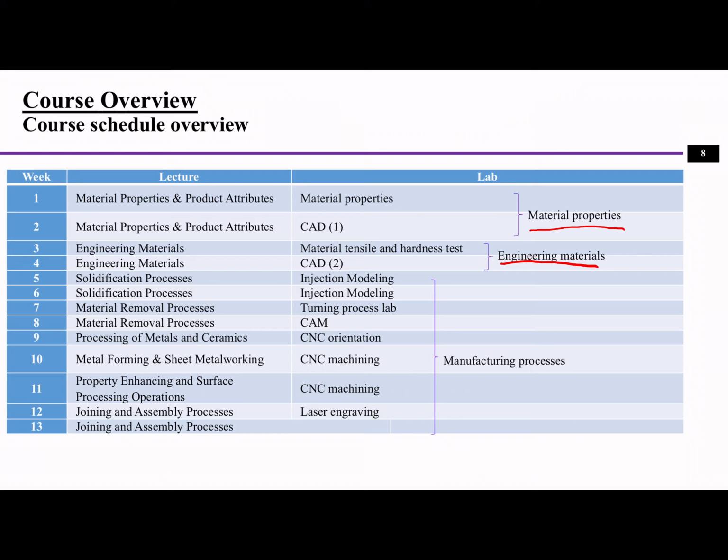So that's why the first part will be the materials, and the second part will be many different traditional manufacturing processes, right? The solidification processes, material removing processes, right? And processing metals, ceramics, forming, property enhancing, as well as joining and assembly processes.